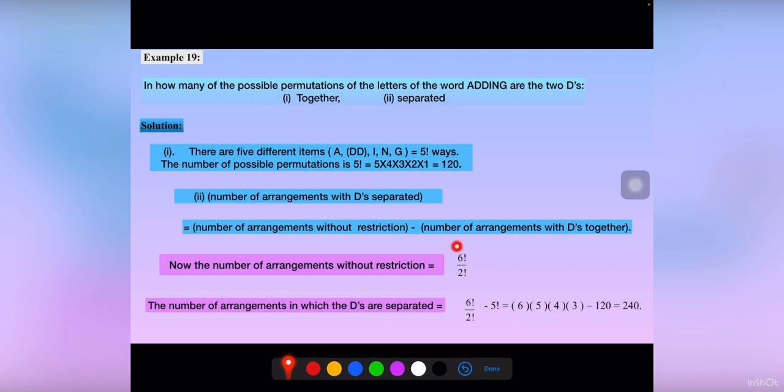The value of 6 factorial over 2 factorial is 6 times 5 times 4 times 3, and then minus 120, we have 240.